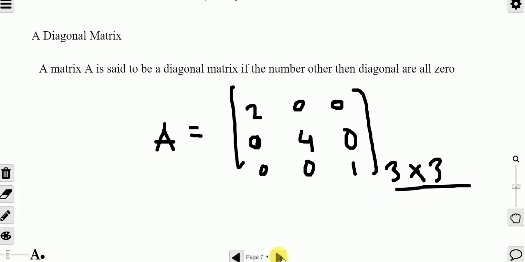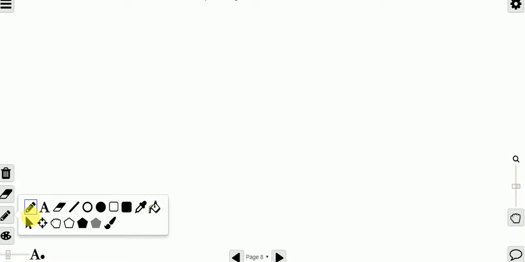Okay, let's move to our next type of matrix, which is the scalar matrix. The fifth type is our scalar matrix. Okay, what is a scalar matrix?